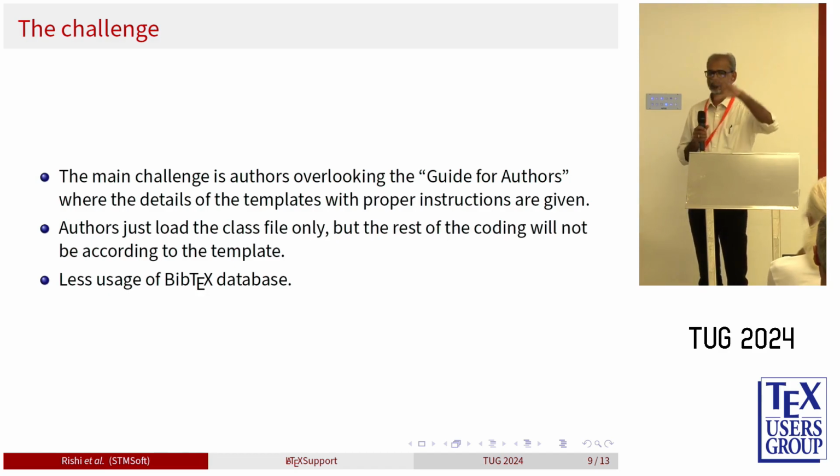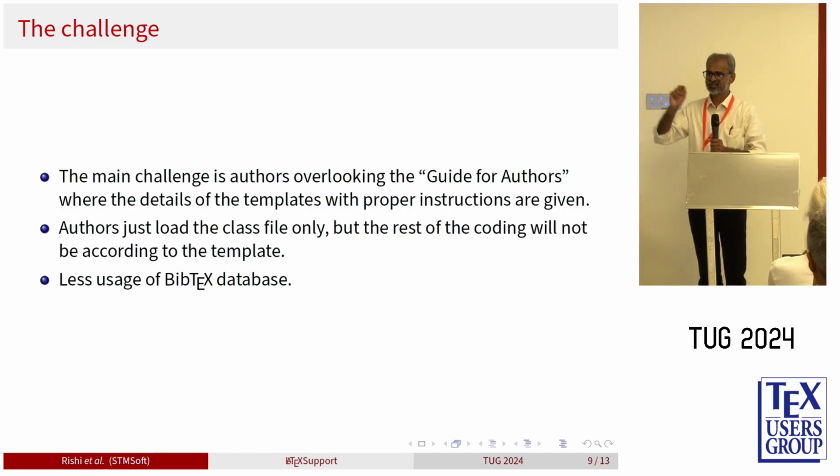So all the instructions are there on the guide for authors page. The authors should first read it: what are the mandatory things that I should look into or take care of when I submit the manuscript? That's the main thing. Then the publishers say you should use the Elsarticle class, or some other class. What the authors do is just load the class file in the document class line.